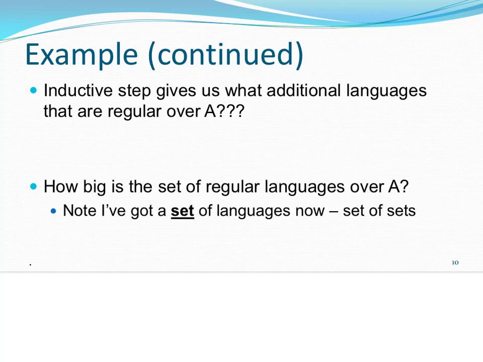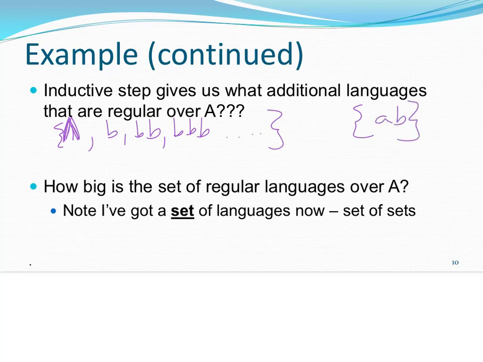The inductive step gives us a bunch more languages, right? We can now take the union, we can concatenate, we can take the star. So, for example, B star, which is lambda, B, BB, BBB, and so on, is regular over A. We know we can concatenate, so AB is regular, but that also tells us that the set AB starred is regular, right?